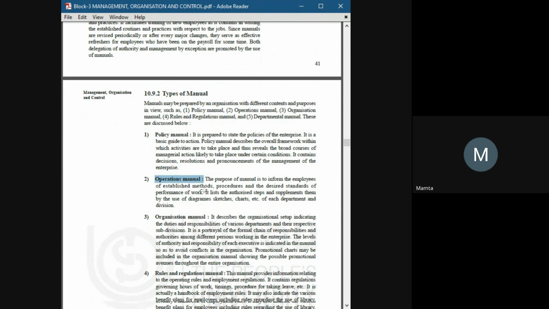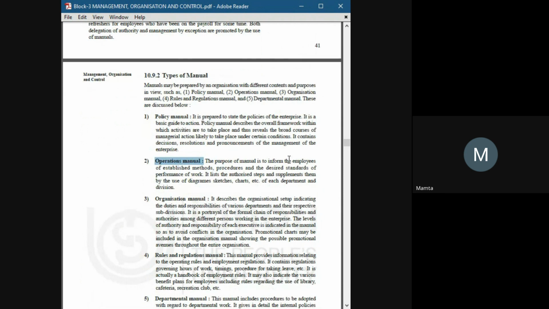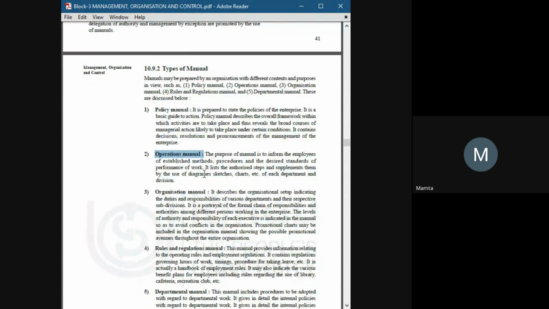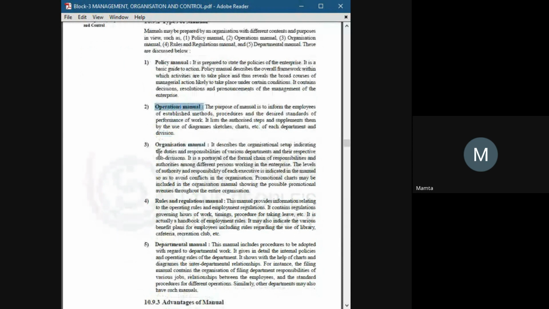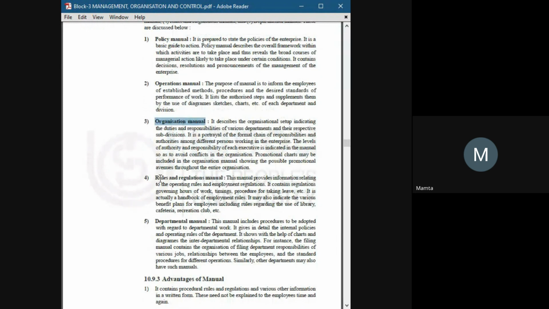Operations manual. The purpose of the manual is to inform the employees of established methods, procedures, and desired standards of performance of the work. It is mentioned in the operations manual. Organizational manual, the duties and responsibilities, the rules and regulations of the organization are written in the organizational manual. Rules and regulations manual.